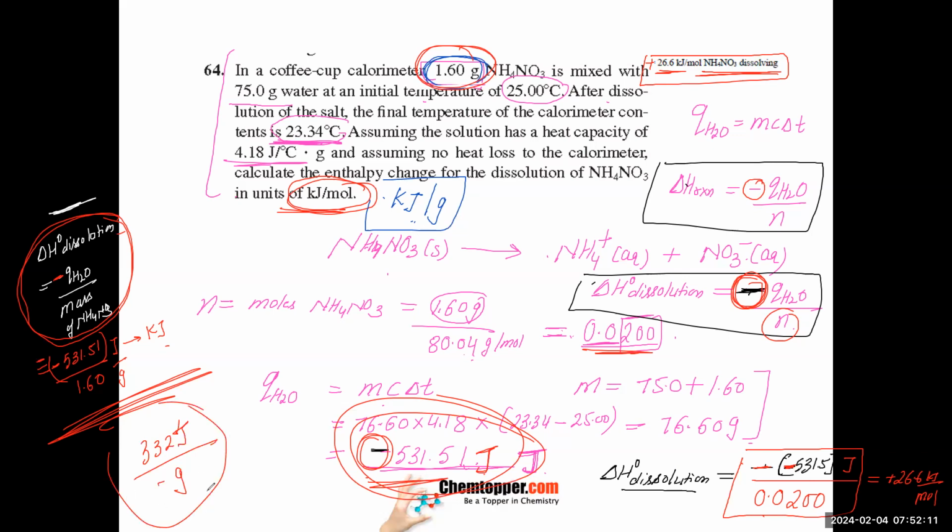When you convert that into kilojoules, it will be 0.332 kilojoules per gram. So units are important, children. Please pay attention to the units. Check what unit they are asking for in the question.